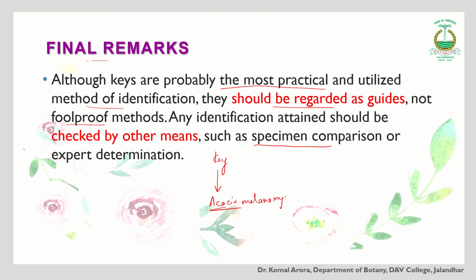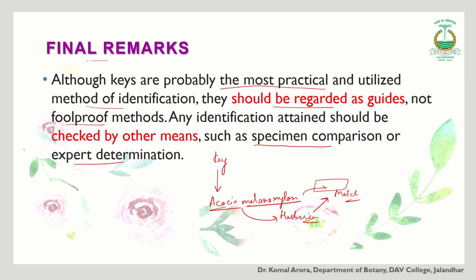So when you reach this inference that it is Acacia melanoxylon, then you will go to the herbarium. Okay, it has to be the herbarium of central universities or some government institutions like the Botanical Survey of India. So you will go there, you will take out the specimen which is listed as Acacia melanoxylon and you will match yours with that. Okay, then only it will be considered as the authenticated one. Or you can go to some expert and seek opinion from them.